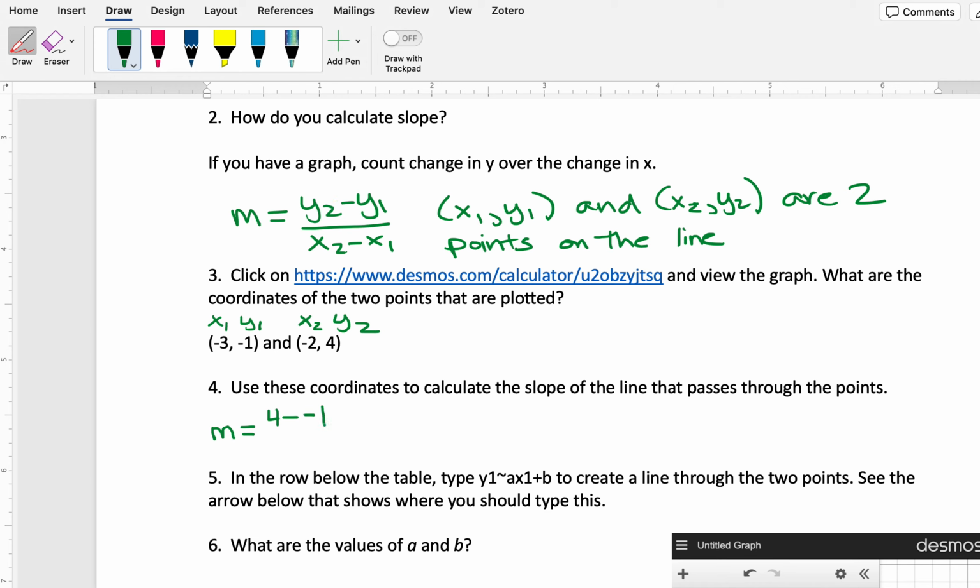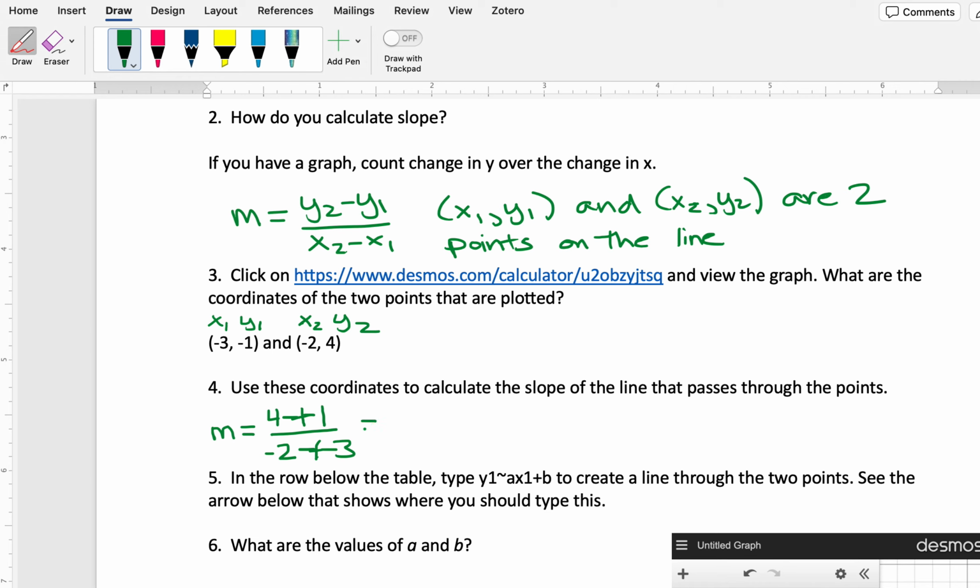It's easy to lose one of those minus signs, but make sure that you are paying attention to both. Minus -1 is going to change to +1. Then in the denominator, for x2 we have -2, and then minus x1, which is -3. Again, minus negative is going to change to plus.